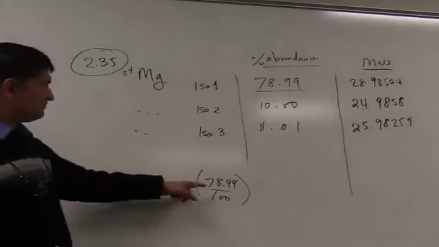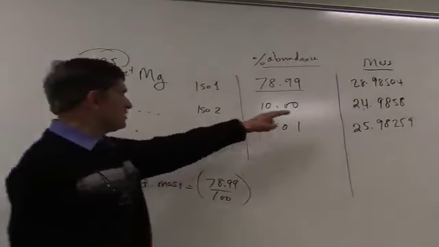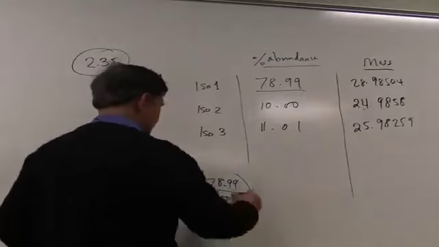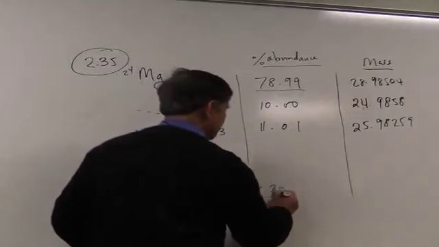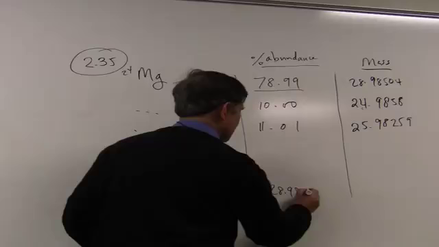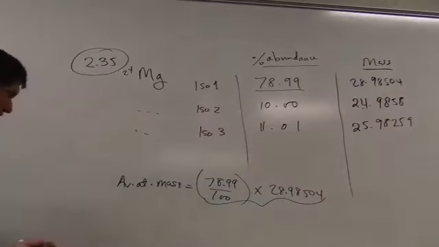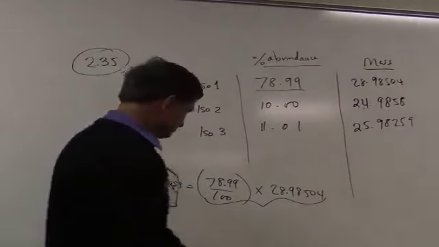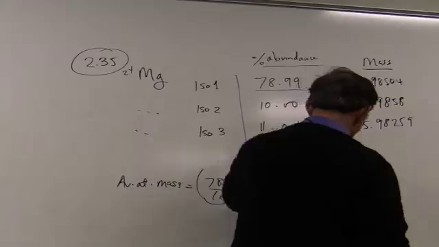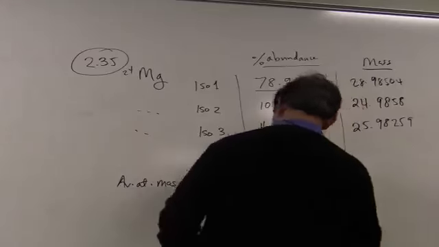That means this is the fractional contribution coming from this mass to the average. So 28.98504. That's going to be the contribution from isotope 1 to the average mass. The second contribution will be coming from isotope 2.